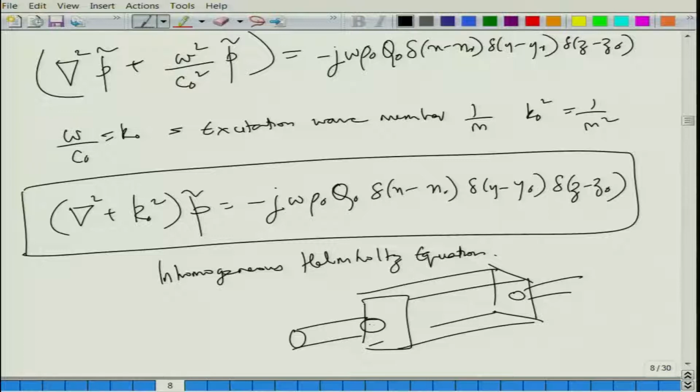So you are trying to squeeze the entire finite area into one point. As if the entire inlet or the outlet ports are condensed down to a single point, the point of singularity, and that is what is represented by the Dirac delta function.